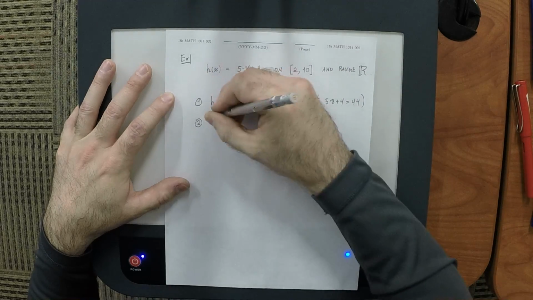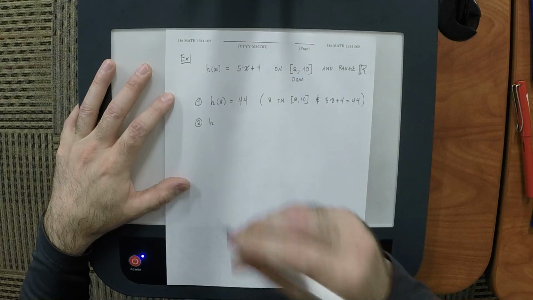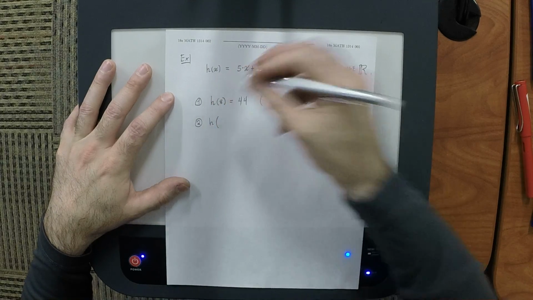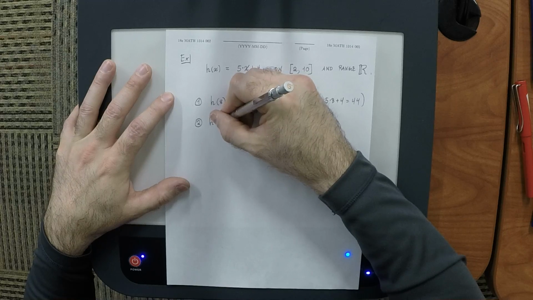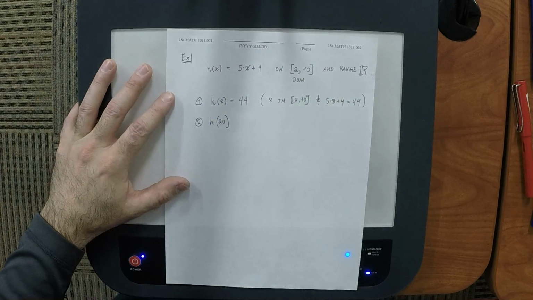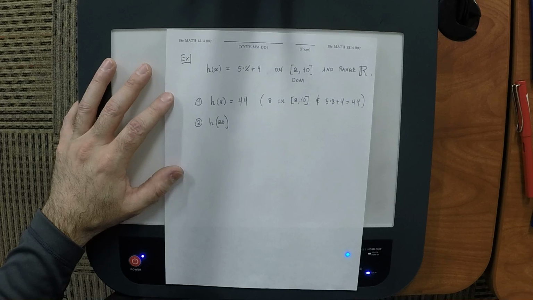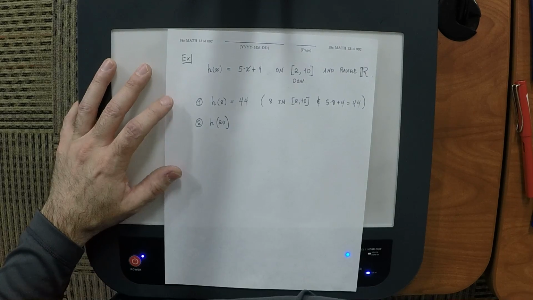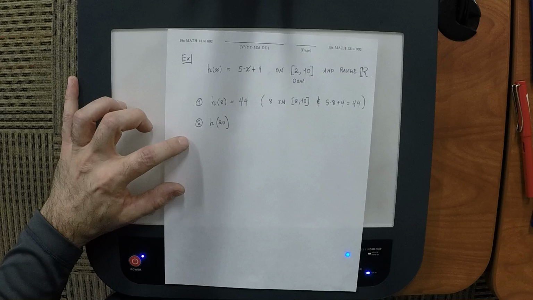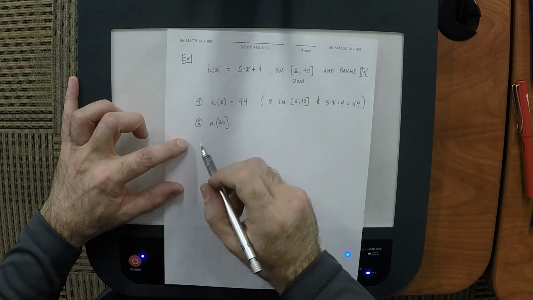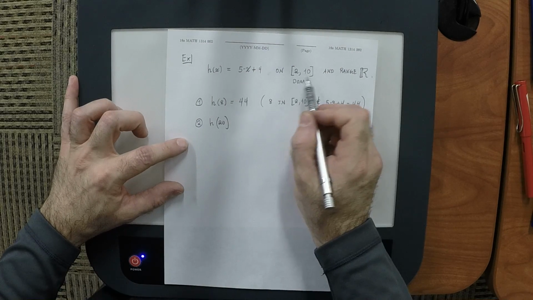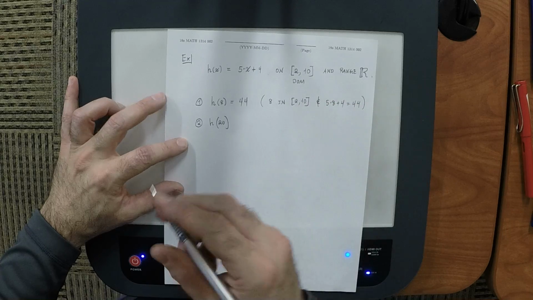Second question. What if I request of you, please evaluate h at 20? There's no solution to that. It's not that there's no solution, it's that it's not in the domain. The input is not in the domain. It's not among the buttons. So you say not possible.